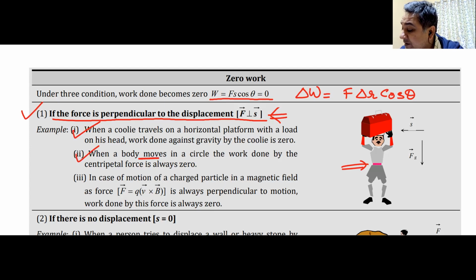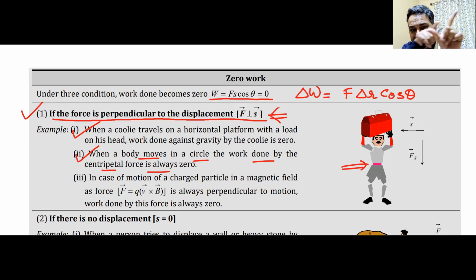In the second example, when a body moves in a circle, work done by centripetal force is zero. I hope that you are studying circular motion. I do not know whether you have understood centripetal force, but you must have understood that there is an acceleration known as centripetal acceleration, which is towards the center. Have you read centripetal acceleration? Yes or no? Please raise your hands. Yes, so you must know that centripetal acceleration is towards the center and the body is moving along the tangent.